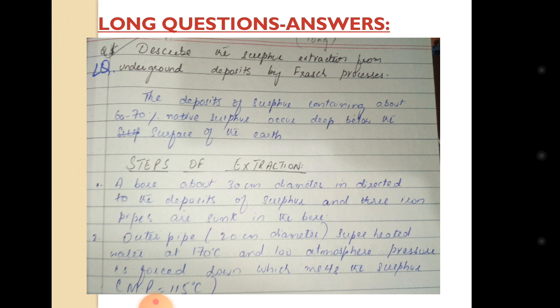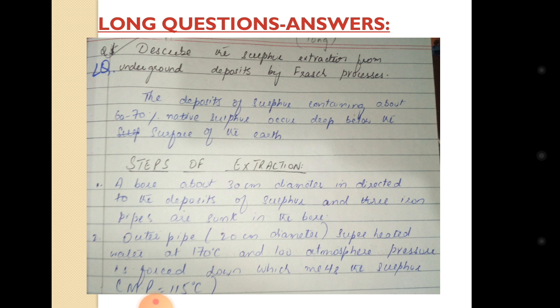The deposit of sulfur contains about 60 to 70% native sulfur, occurring deep below the surface of the earth. The steps of extraction are: bore a hole about 30 centimeter in diameter down to the deposit of sulfur. We have to dig the 30 centimeter bore till the bed of the sulfur, and three iron pipes are sunk in the bore.